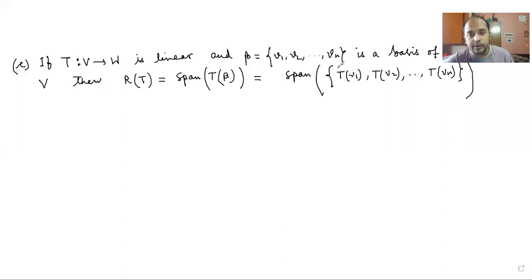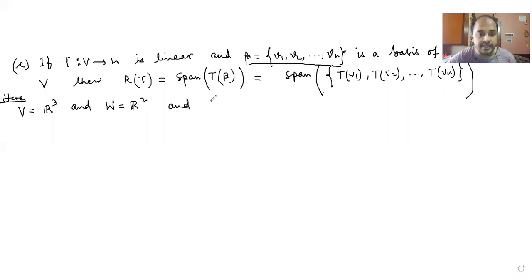It is not important whether you are able to prove this result or not. It is important whether you can apply it in the problem or not. That is important. So carefully see, we need a basis for the vector space V. Here in this problem, V is R3 and W is R2.